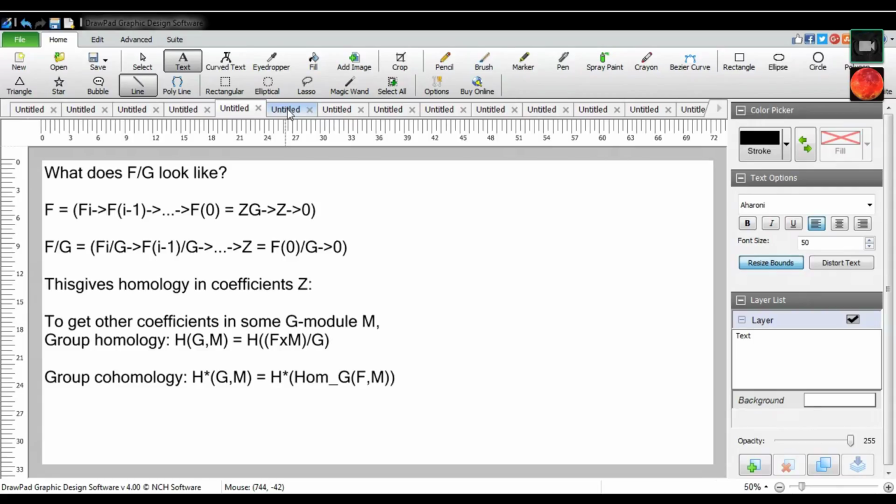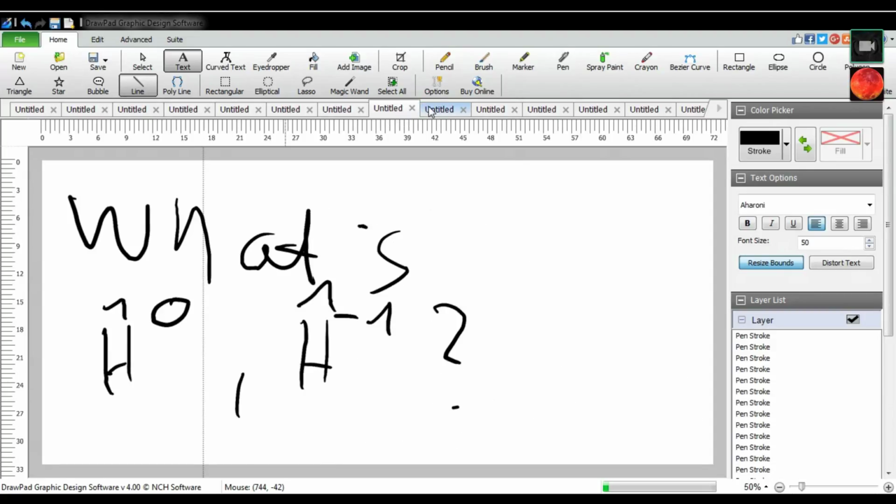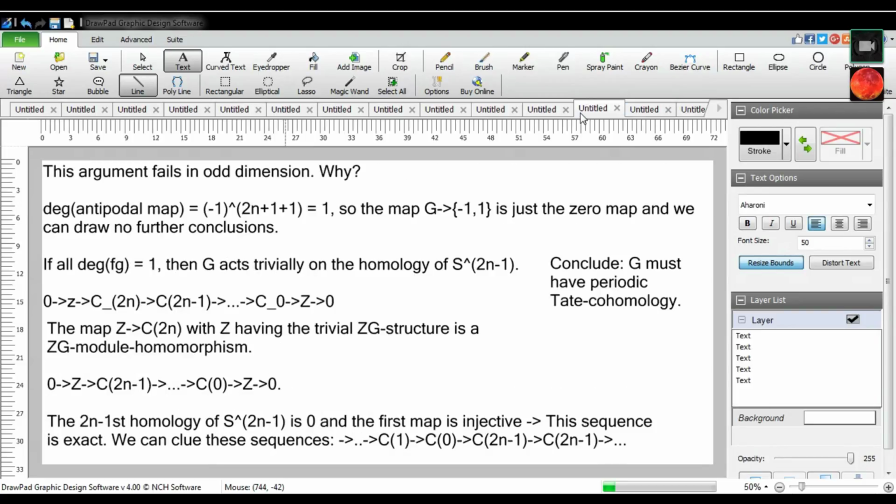We get something that's called Tate cohomology. This is in fact not just some useless mind trick that we can do, but it's actually a strong cohomology theory with a cup product. And then we see if we have some action on a sphere, then we get periodic Tate cohomology. And periodic Tate cohomology is really the thing we want to study.